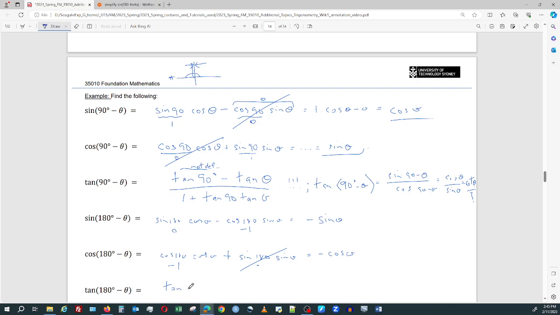And again for tan, 180 is a multiple of 90, or pi on 2. Okay, so I'm not even going to finish it because it's not defined. So we can just put tan of 180 is equal to the sine.